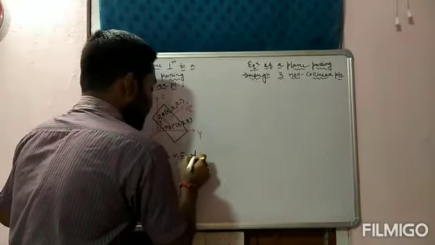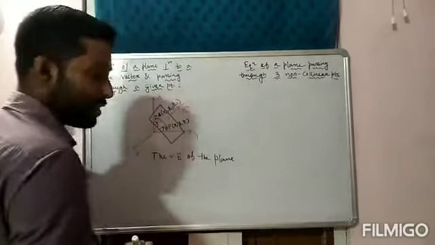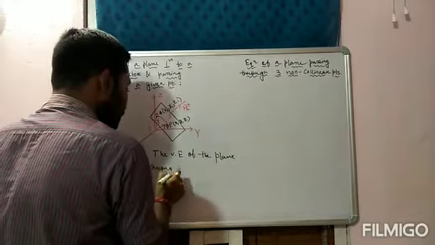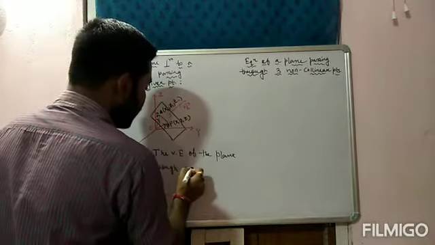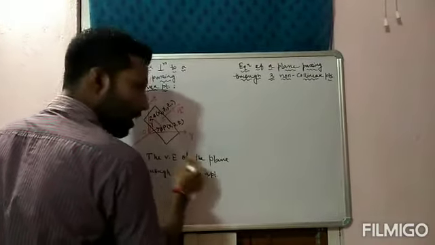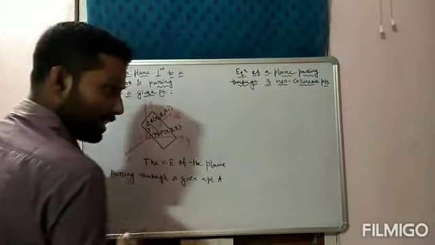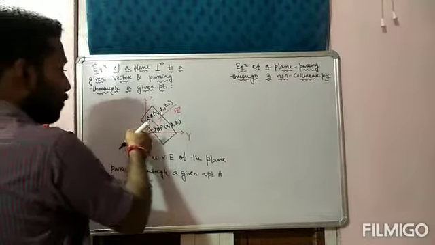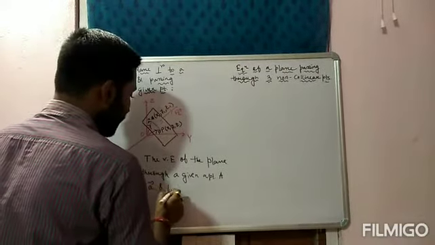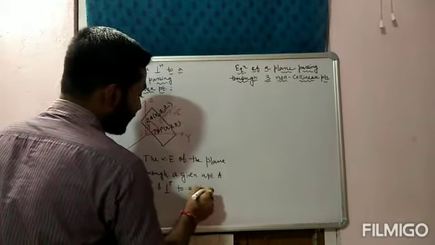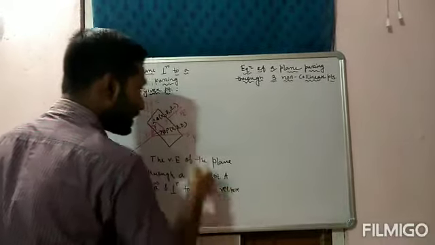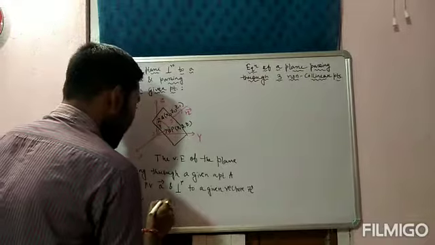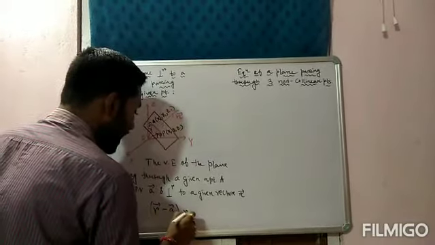Then the vector equation of the plane passing through a given point A with position vector a bar, the position vector of OA, and perpendicular to a given vector n bar, which is perpendicular to this plane, is (r minus a) dot n bar is equal to 0.